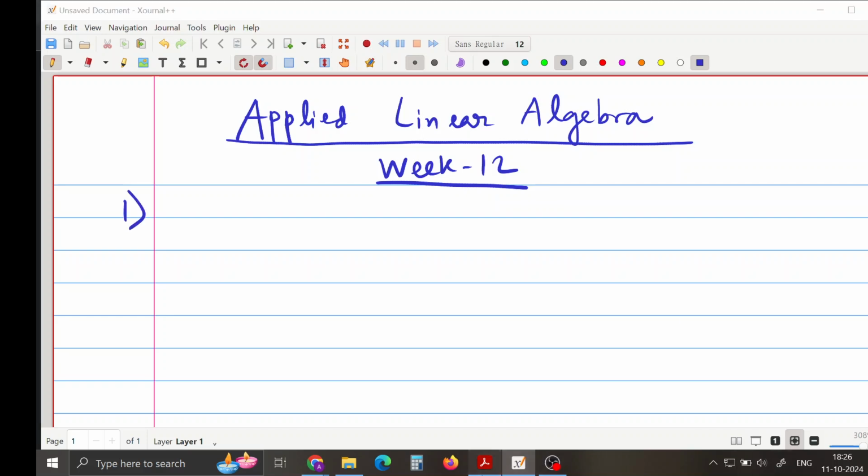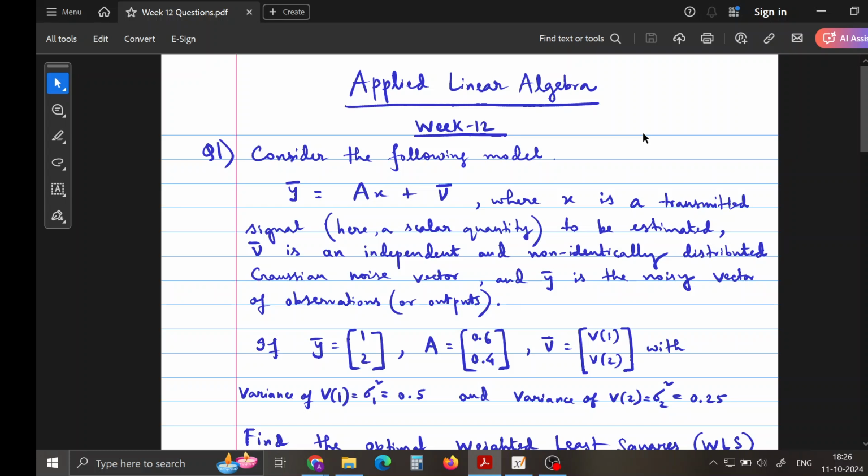So let's look at the first question. We have seen this type of case in the week 12 lectures. We have a model characterized by the equation y bar equals A x plus v bar.